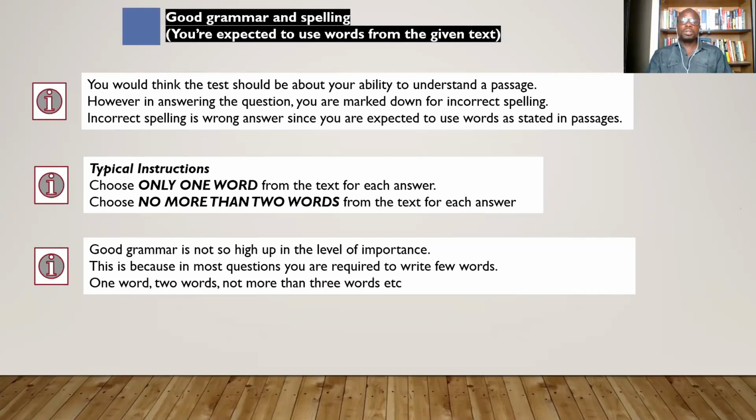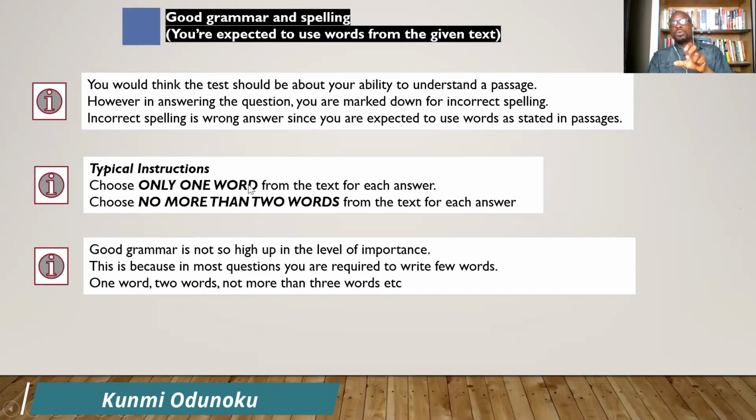So a typical instruction would look like this: choose only one word from the text for each answer. Now they are going to bold the words, only one word in the instruction. But I want you to also take note of this word, text. So it's clear, they are saying pick one word from the text.